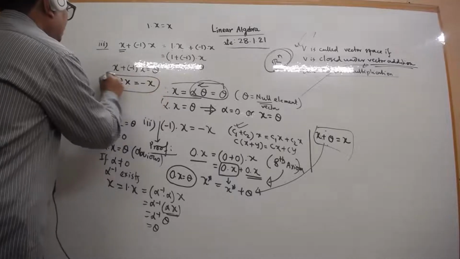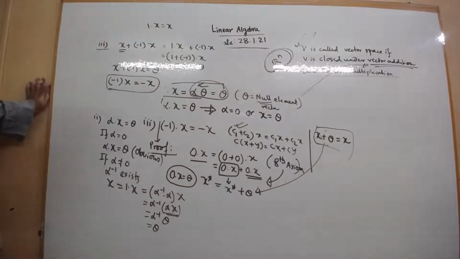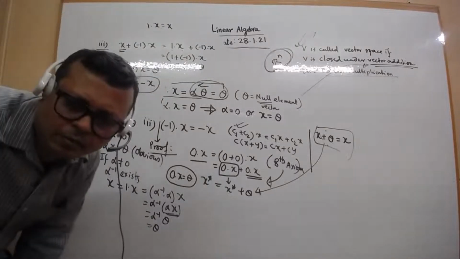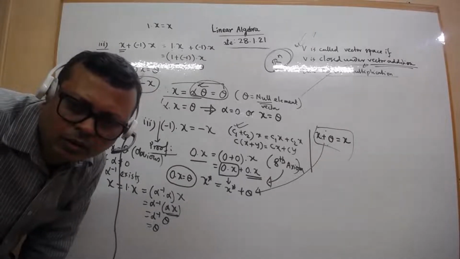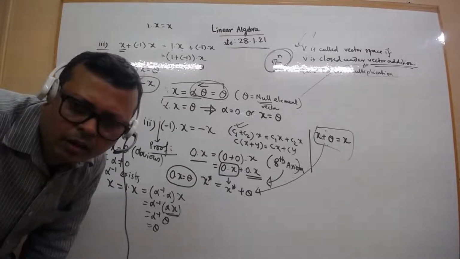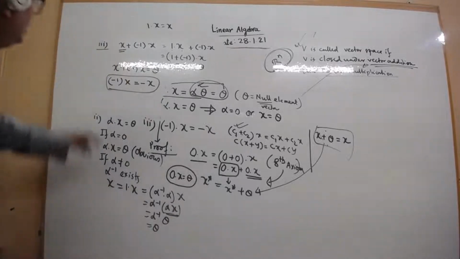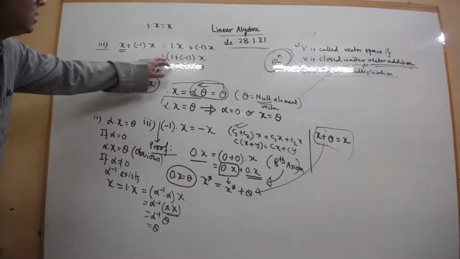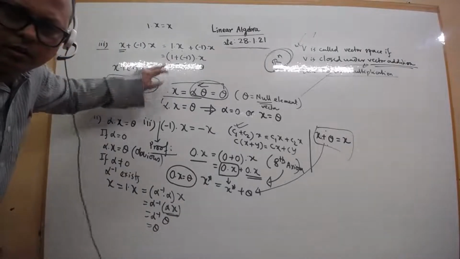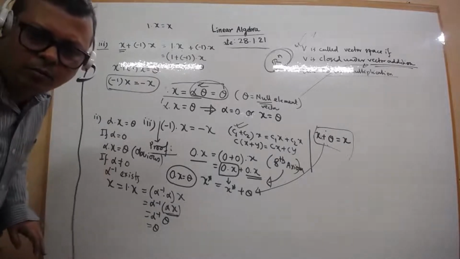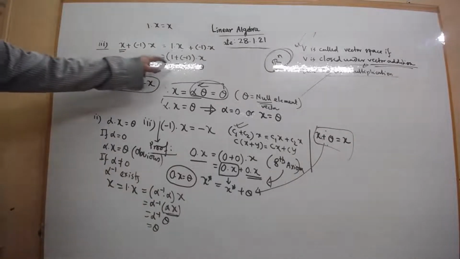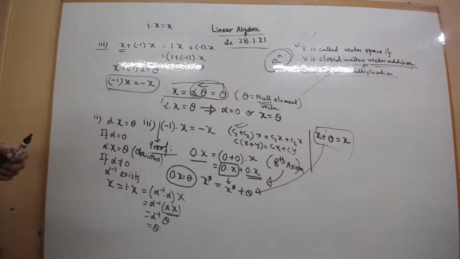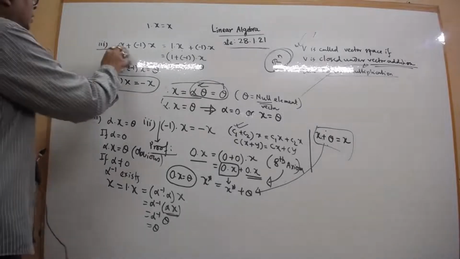Hence, minus 1x equal to minus x. Here, reflection. Third line is the third line. Third line means this. I think third line means which one?